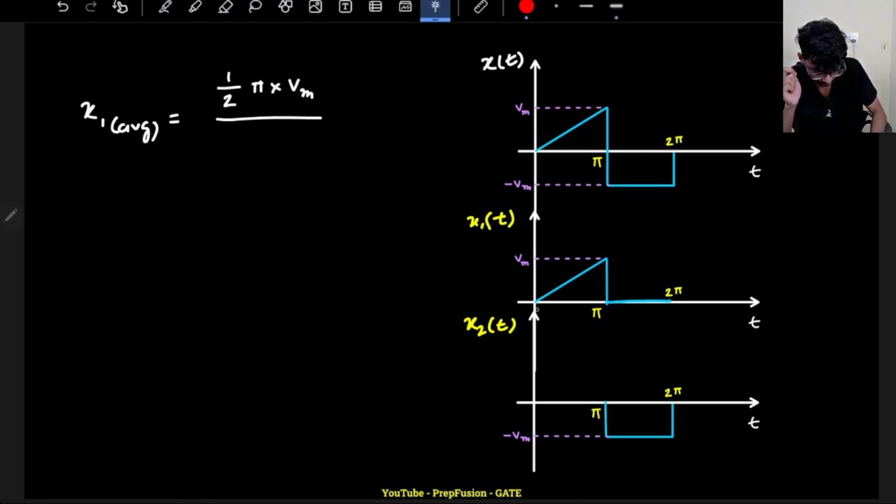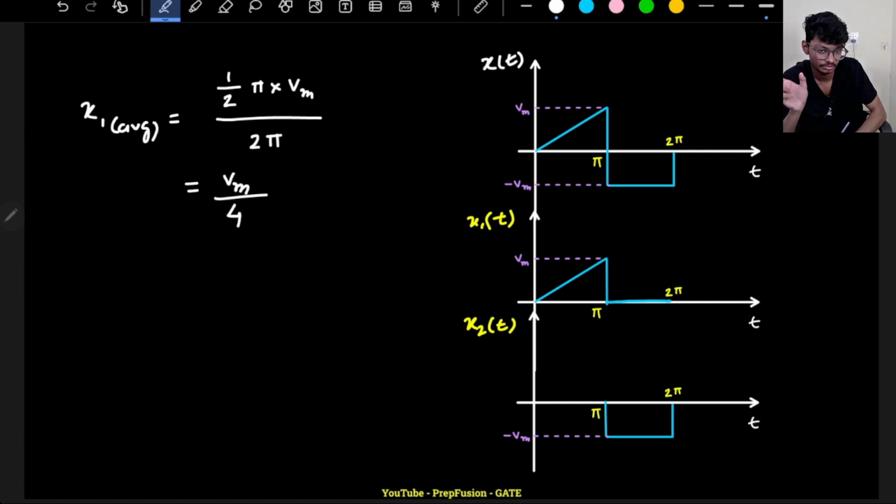And what is the time period? It is simply 2 pi, because it is repeating after every 2 pi period. So this will be equal to Vm by 4 simply. That will be the average value here.